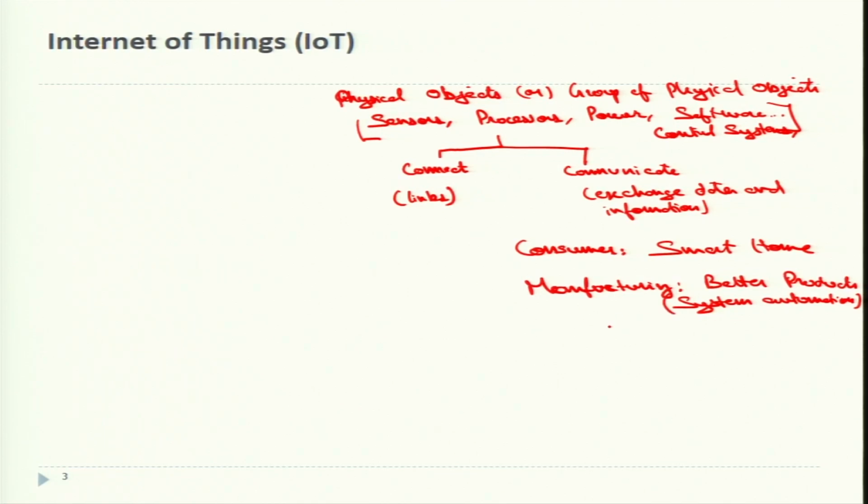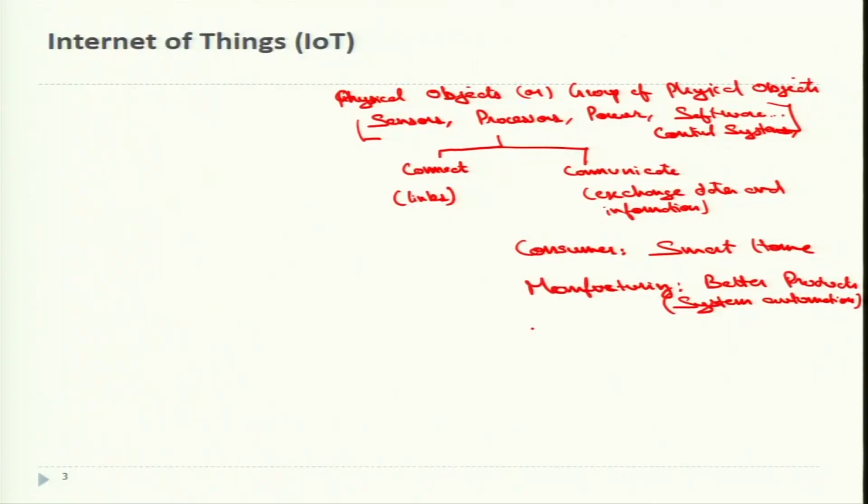We need to produce better products, with better quality, and automation of the system, material handling, the number of units there are from one point to another, maybe from the machining center to the finishing center. This could all be there in a manufacturing concern. At an enterprise level, Internet of Things means they need to have better resources in a way.